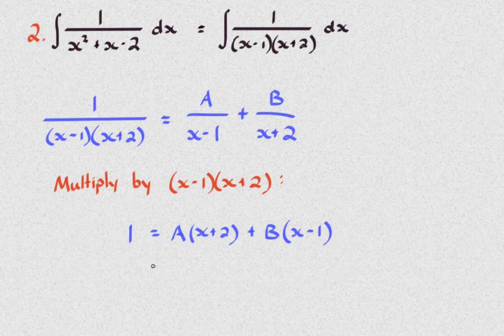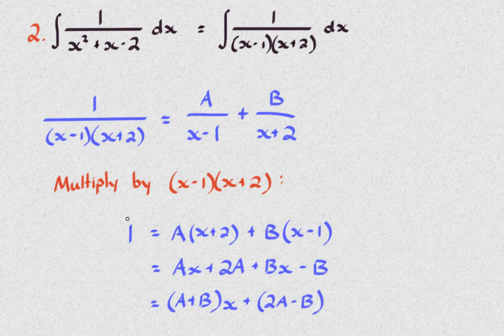So expanding on the right, we get ax plus 2a, and then in our second expansion we get bx minus b. And if we group our coefficients of x together, we get A and B multiplied by x, and our constant comes from 2a minus b.